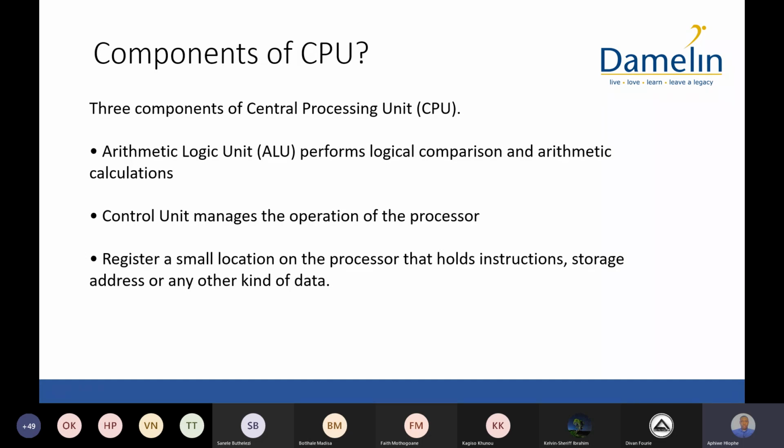The control unit is in charge of directing instructions into the correct place. So when things come from the RAM into the CPU, the control unit decides which part of the register it goes to. We will cover the different classes of registers, and you'll see the significance of the control unit later on in the presentation.